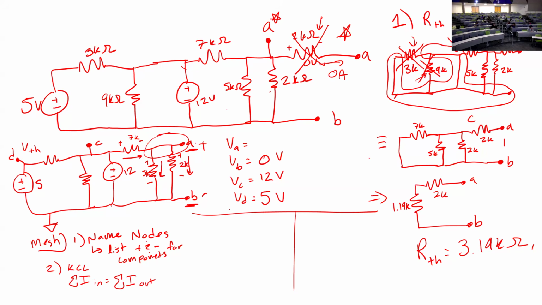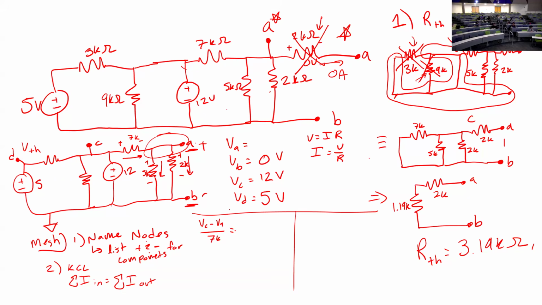Okay, so if we have V equals IR, we have I equals V over R. And voltage is always relative, so it's dropped from one to the other. So my voltage across my 7 kiloohm resistor there is going to be VC minus VA over 7 kiloohms.